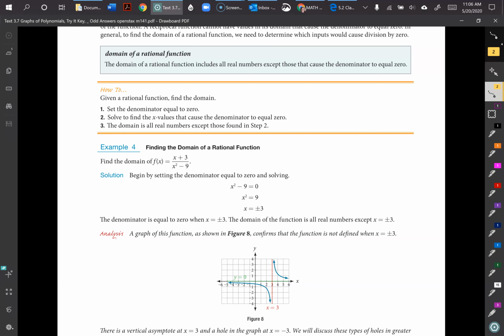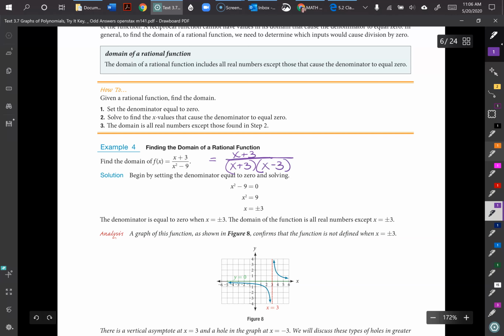Well, how come we don't have one at x equals negative 3? Well, look at this. If I simplify this right here, x plus 3 over x plus 3 times x minus 3, I would have a situation where if I plugged in negative 3, I'm going to have 0 over 0.